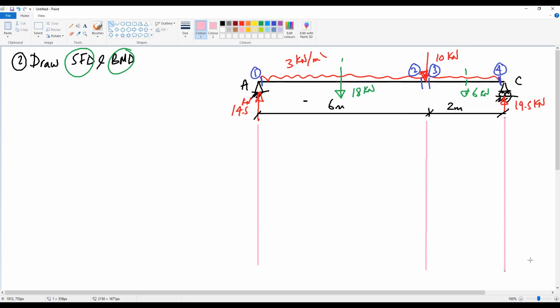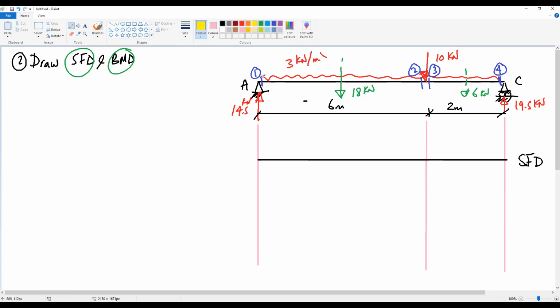So these are our guidelines. And then horizontally is our datum. And on this line, we will draw the shear force diagram. Okay. So if we start with section 1, what is the shear at section 1?